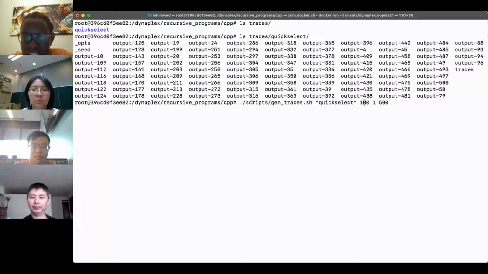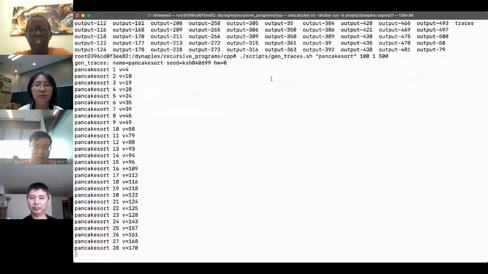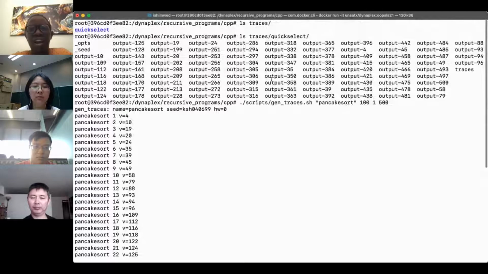I was showing PancakeSort, but same thing. Let's see if I can run the right one. The traces are saved in this folder, traces quick select or traces PancakeSort, and the files are named according to the size of the input.